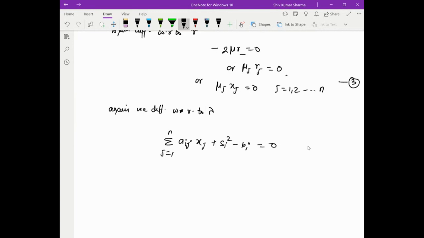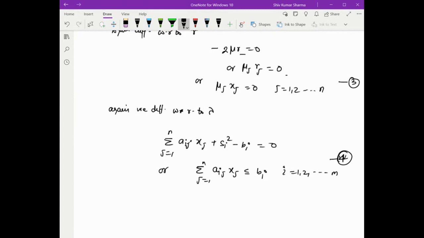Or you can write summation j equal to 1 to n a i j x j is less than or equal to b i. We remove this variable. This is equation number 4.